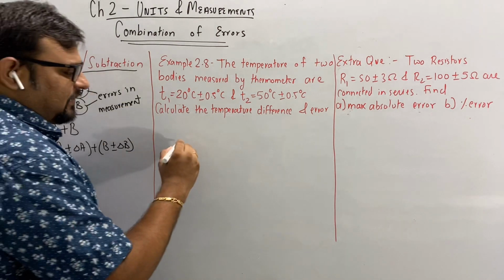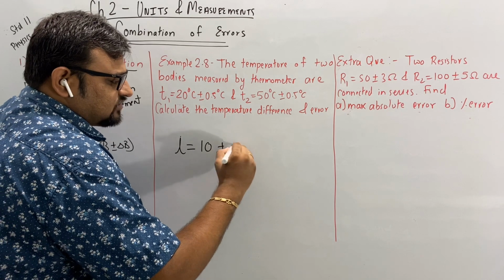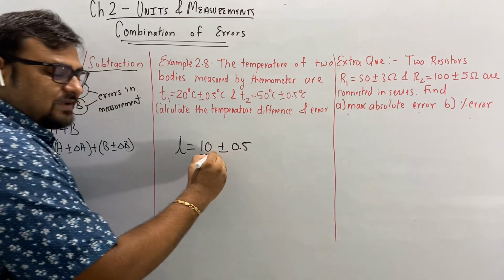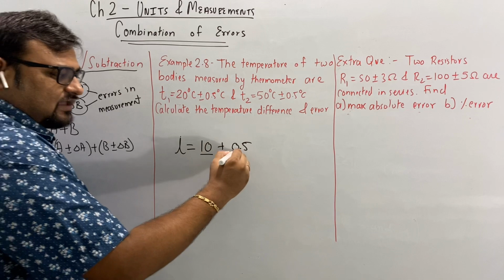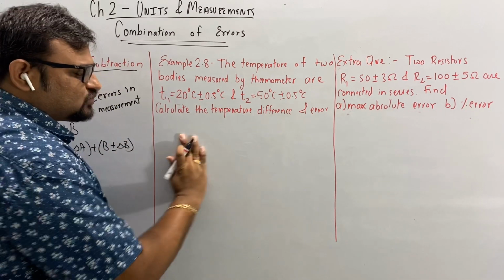The length of the pen, I will write L equal to 10 plus minus 0.5. Then this is the measured length, and this is the error in that.